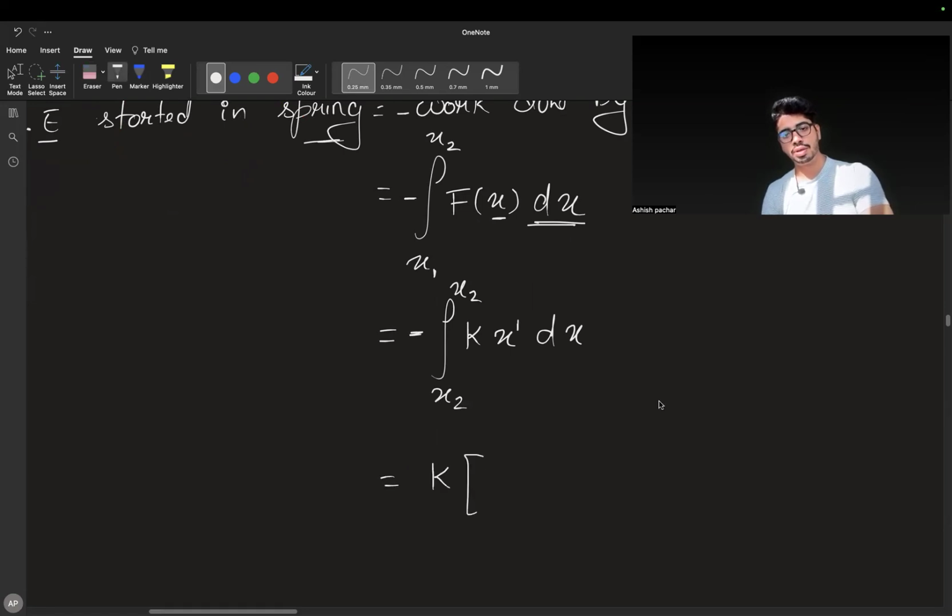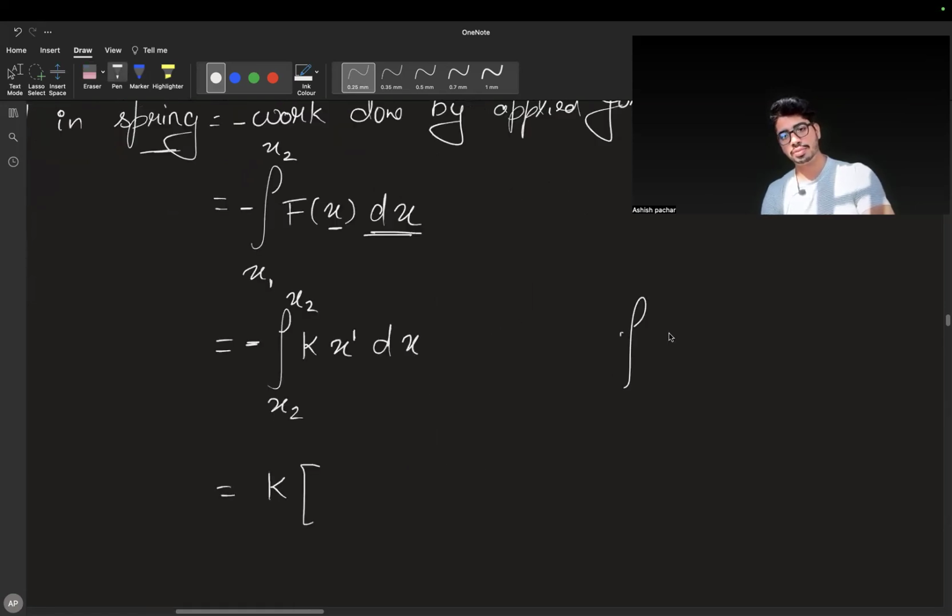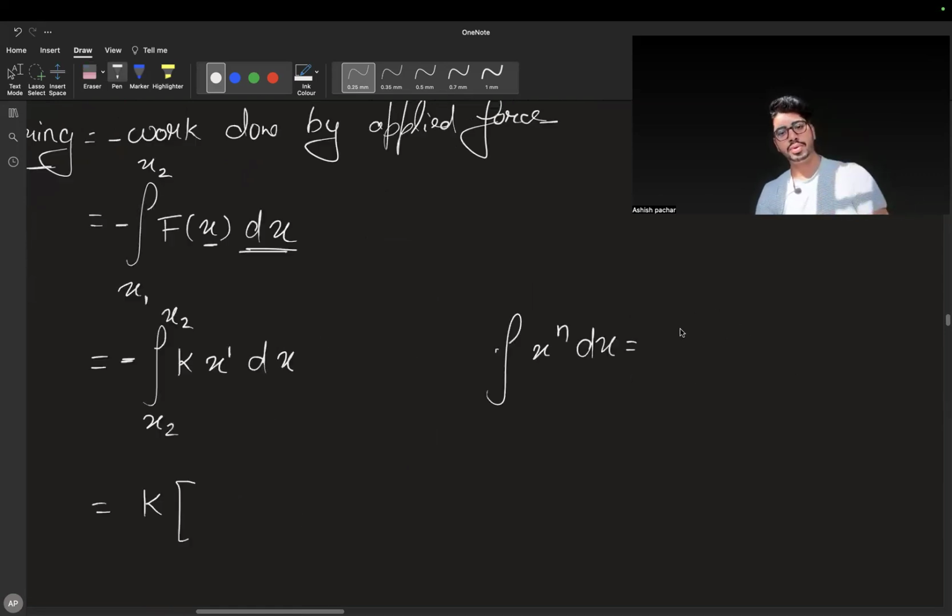The integration rule for x to the power n dx: you increase the power by 1, giving x to the n plus 1 divided by n plus 1, plus c. Plus c is only when there is no limit. If there is a limit, you don't put any arbitrary constant.